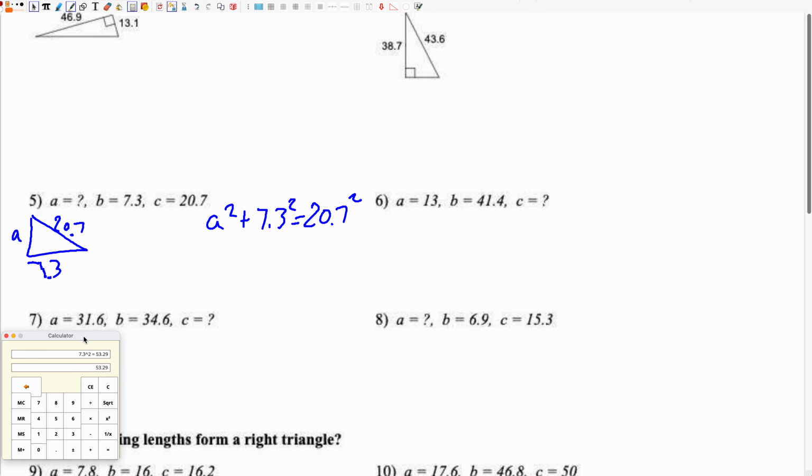7.3 squared is 53.29. And then 20.7 squared is 428.49.